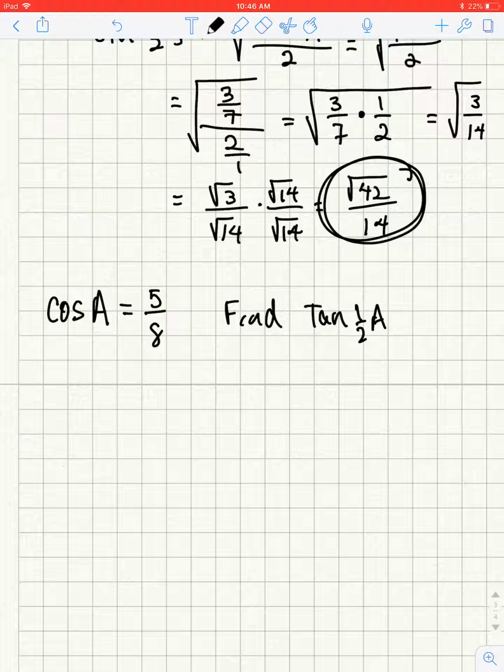So again, going back to the triangle, put A here, you have 5 and 8. So here we're looking for that missing side.